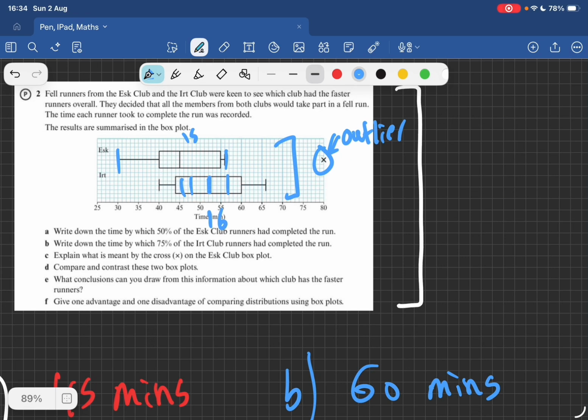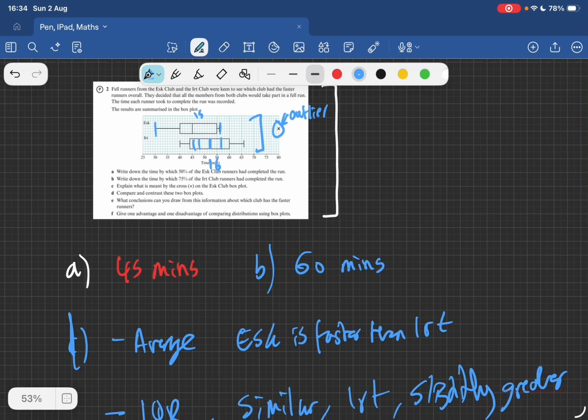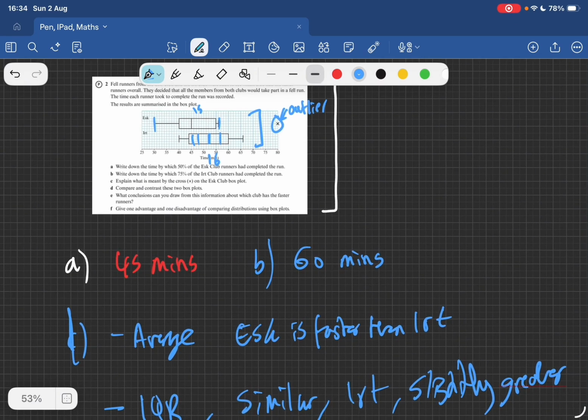It can be easily misinterpreted, maybe, and your mean and your mode can't be identified. You've only got your median, which is where your middle value lies. Those are some advantages and disadvantages of our box plot.